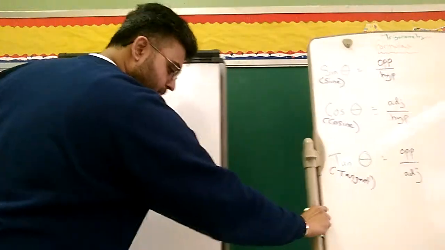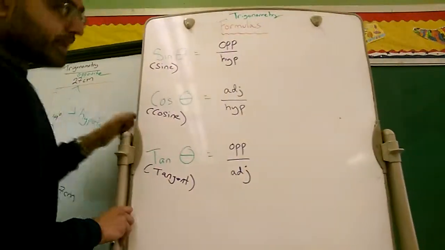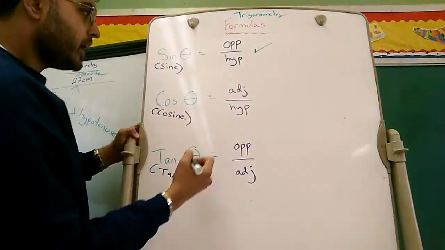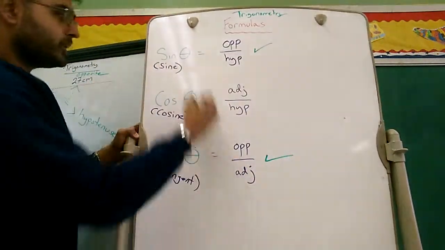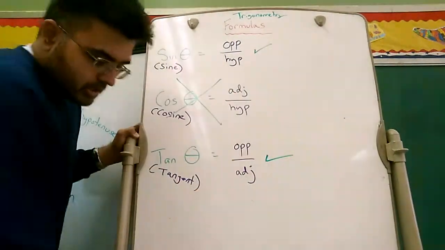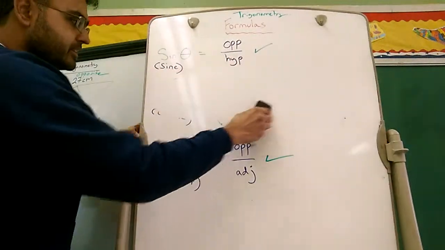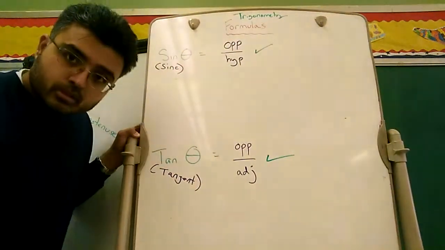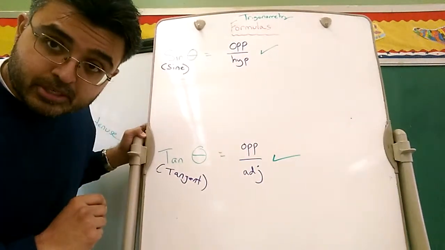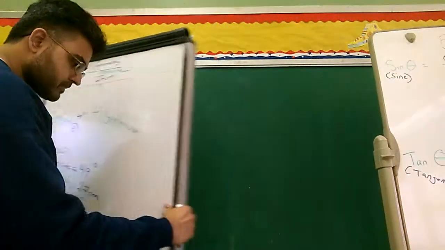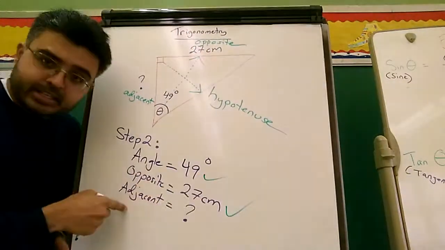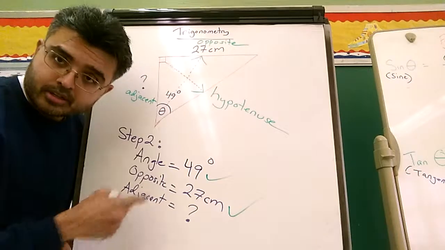So let's go back to our formula. We have an opposite, which means that we could probably use this, and we can probably use this. We can't use cosine. Why? There's no opposite here. There's nothing opposite. Can't use it. So cosine is not needed. So we either have to use sine or tangent. Let's look at the information again. We have the angle. We've got the opposite. We need to find adjacent. Let's go back to the formula.